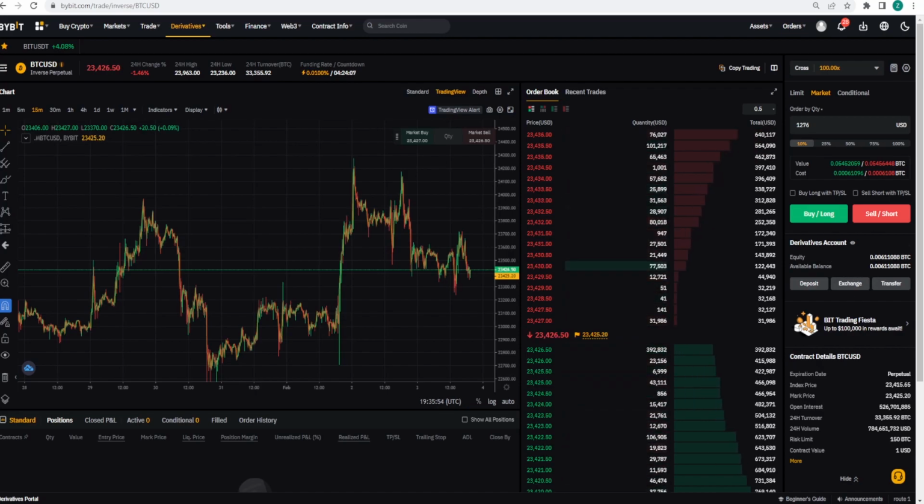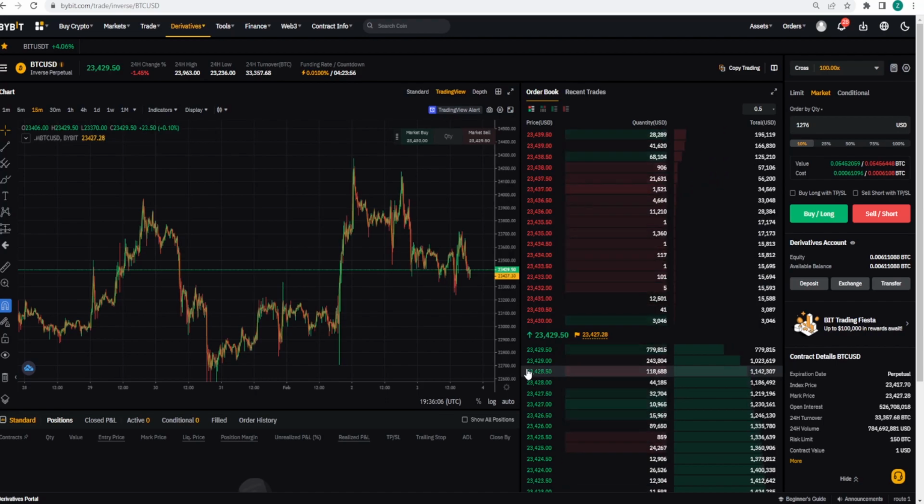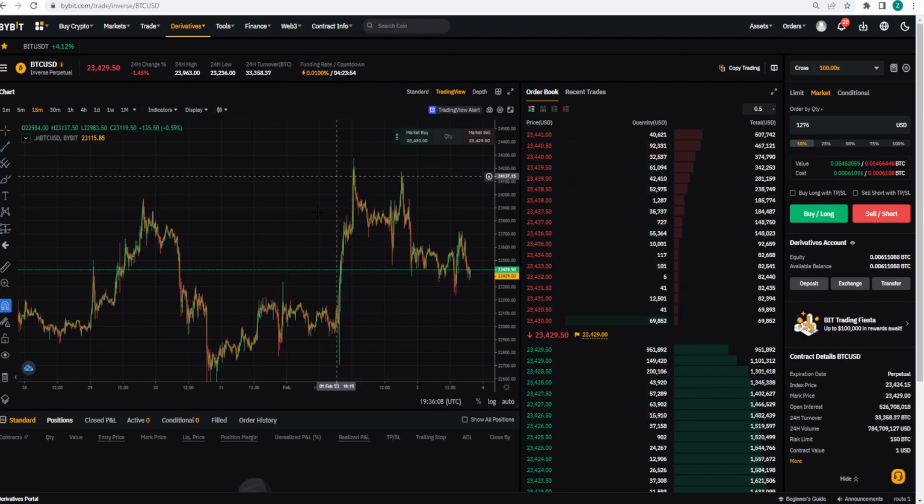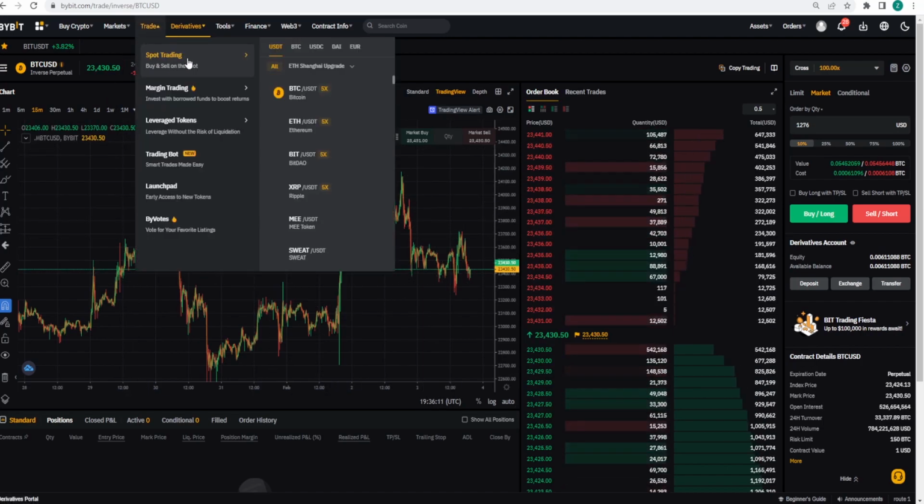In this scenario, I have Bitcoin as my collateral, as we call it, and I can take exposure for the price to go up or down. Taking the exposure is the main point I want to make clear here, because if we trade spot, then we're actually buying or selling the coins.